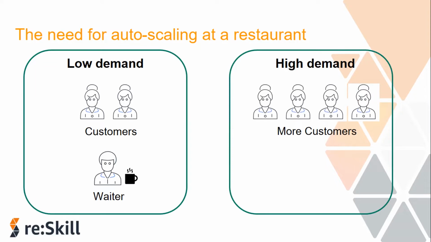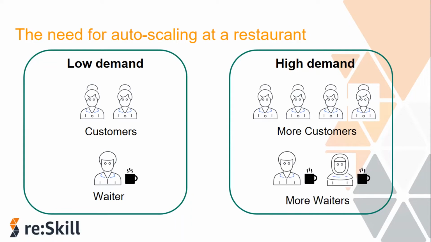Because of the increased demand, the waiter feels overwhelmed by the increased workload because there are more customers coming up and it is becoming difficult for him alone to take care of all the customers. The waiter asks the manager for additional assistance and the manager assigns another waitress to help. When the workload decreases, the second waitress can stop working at the register. This process is an example of manual scaling.